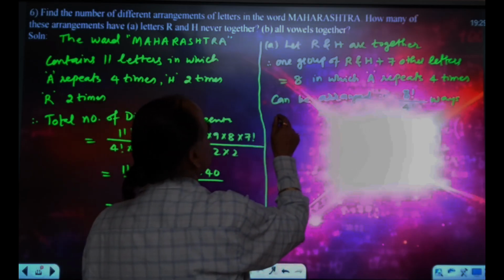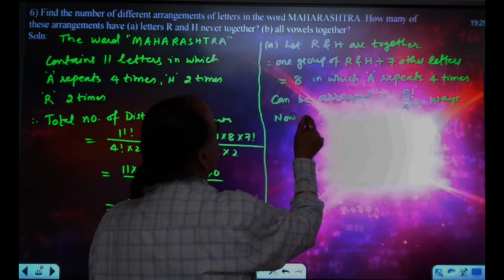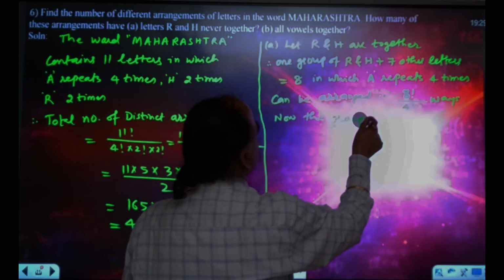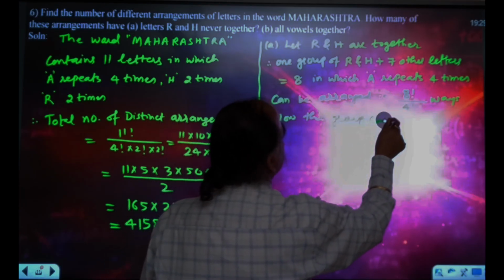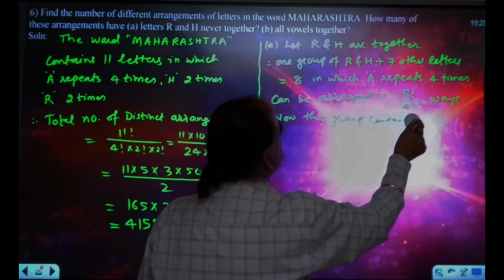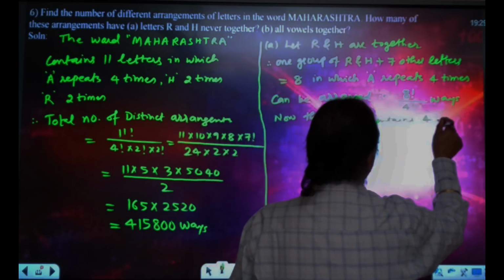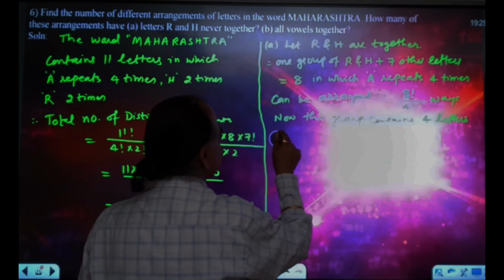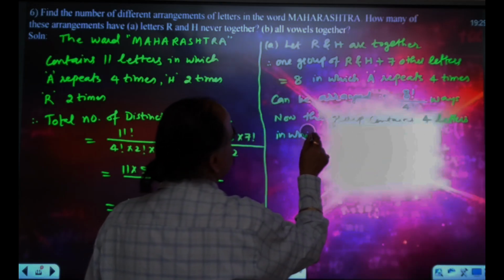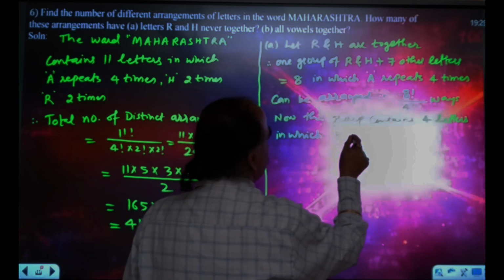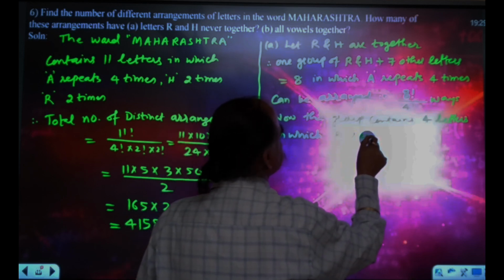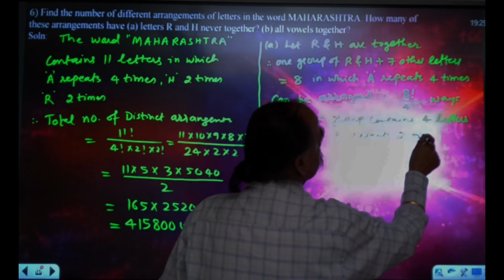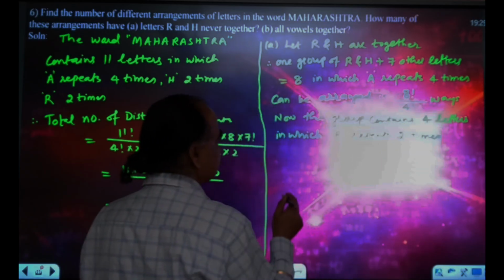Now, the group contains four letters in which R repeats two times and H two times.